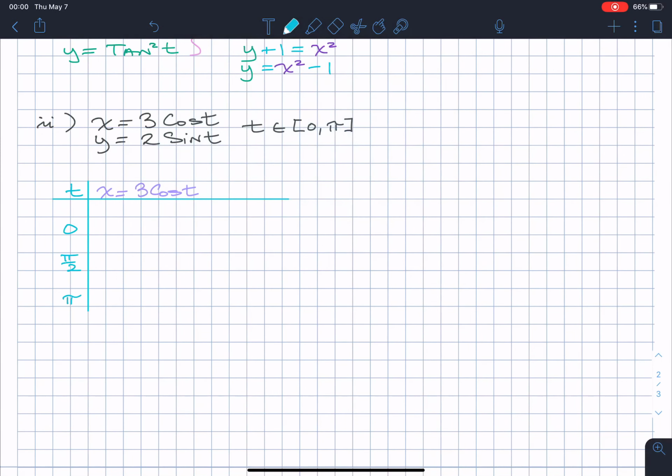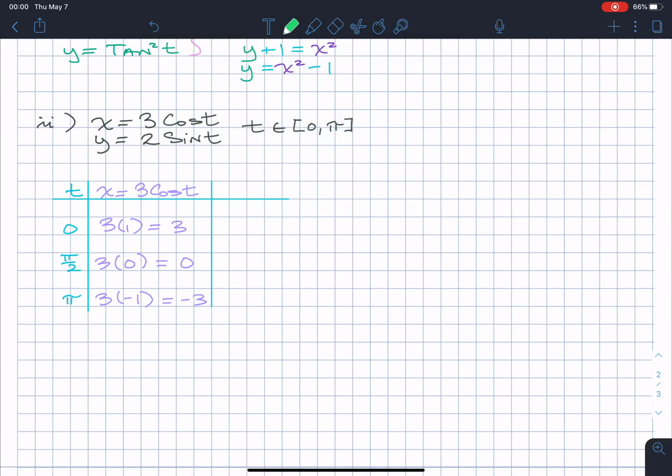So my values for x are going to be: 3 cosine of 0 is 1, so that's just 3. 3 cosine of pi over 2 is 0, so that's 0. And 3 cosine of pi is negative 1, so that's negative 3.